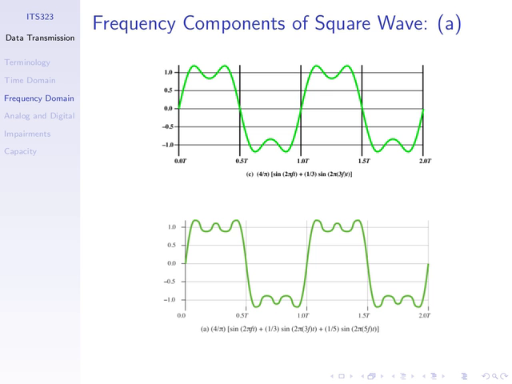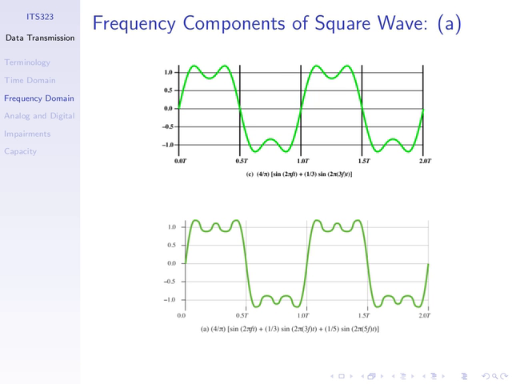Spectrum. What's the spectrum of our signal? The spectrum is the set of frequencies contained in that signal. 1 megahertz and 3 megahertz.